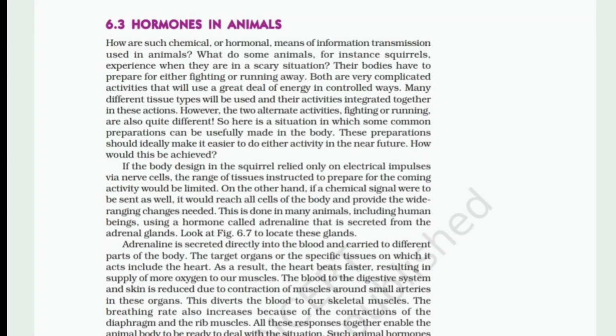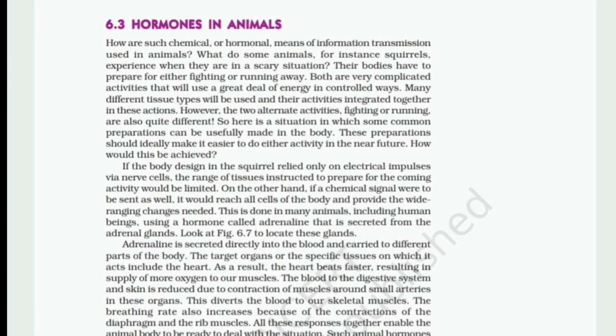This is done in many animals, including human beings, using a hormone called adrenaline that is secreted from the adrenal glands. Look at figure 6.7 to locate these glands. Adrenaline is secreted directly into the blood and carried to different parts of the body. The target organs or the specific tissues on which it acts include the heart.